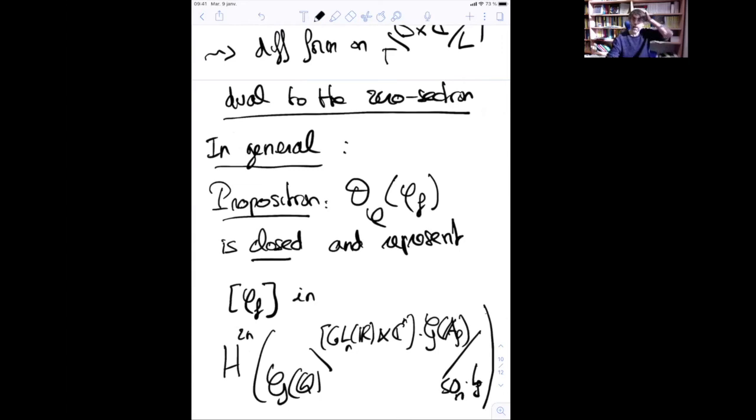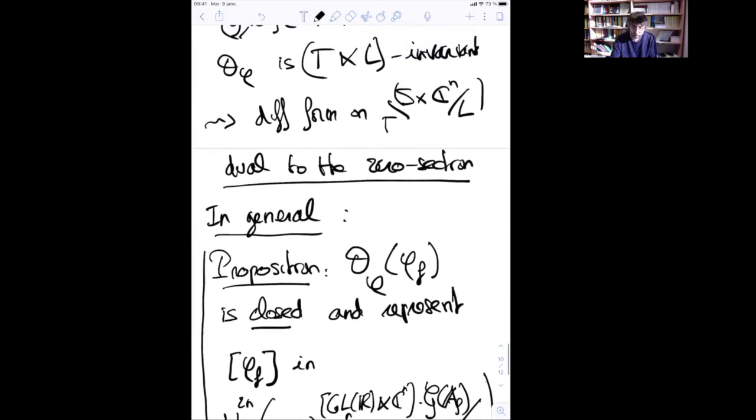So again, let me explain with words what it means. Phi_f represents some divisor, so some torsion section in this group bundle here. And if you look at what happens at the point 1, 0, then you get exactly the statement I have said here, that theta phi is dual to the 0 section in this quotient above.